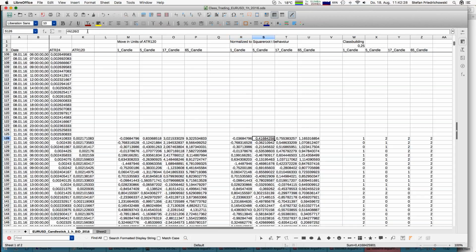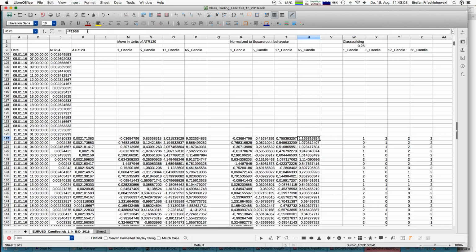In the next case, because now I have a 4 candles period, I divide it by 2, so square root of 4. And for the 16 candles, I divide it by 4. And finally, for the 64 candles, I divide that number by 8. This normalization brings me back to typical movements, because I know that for higher time periods, I have higher movements. So that is simply a normalization process in this case.